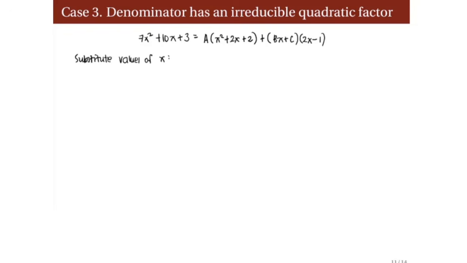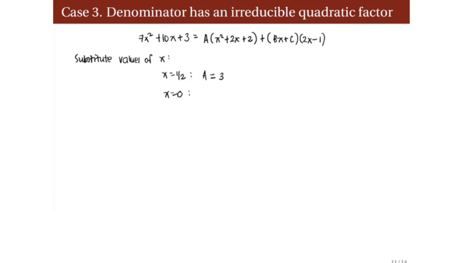So, if you substitute values, kunwari x equals 1 half, para mag-vanish yung sa may 2x minus 1, pwedeng iwan ko na lang sa inyo, compute nyo na lang. We get here a equals 3. Kapag nag-let tayo ng x equals 0, notice that for this case, yung 0 hindi siya root ng x squared plus 2x plus 2 nor ng 2x minus 1.